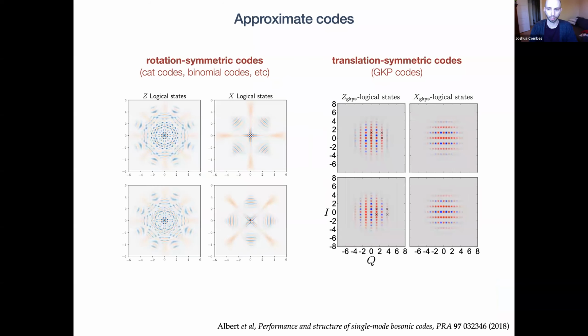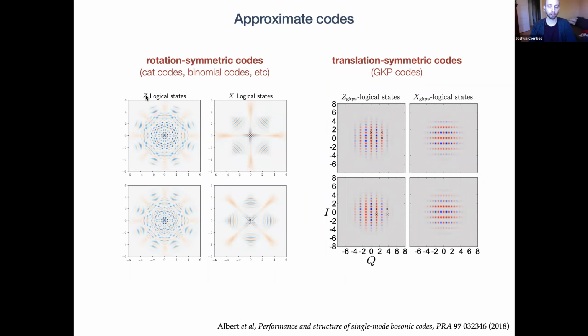Right. So here are some Wigner functions for people that like to look at them. This is a full representation of the quantum state. The translation symmetric codes have this sort of Gaussian envelope where they're dying off in all directions. This figure is taken from a paper by Victor Albert. It's a really nice review on the area from a few years ago, but the area is changing so much that it's already missing a few references.